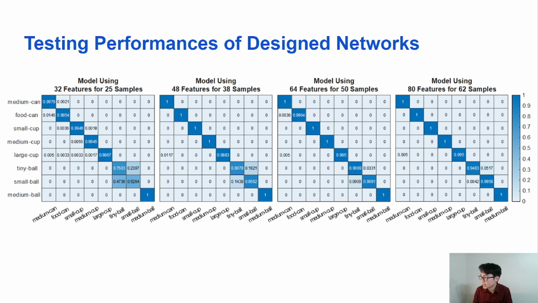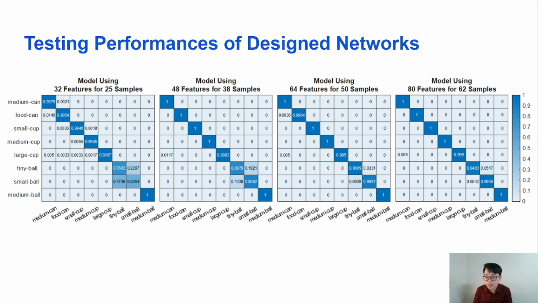How about the testing performance of our designed network? This is the confusion matrix I constructed when classifying on the dataset. The dataset includes 70% training data and 30% testing data.